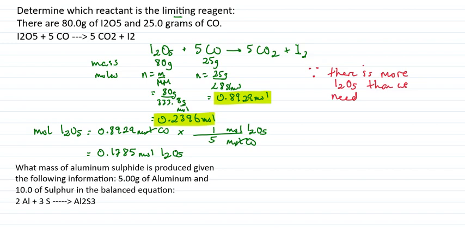Since there's more I2O5 than we need, look, we're going to compare this again. We have 0.2396. We need that much.